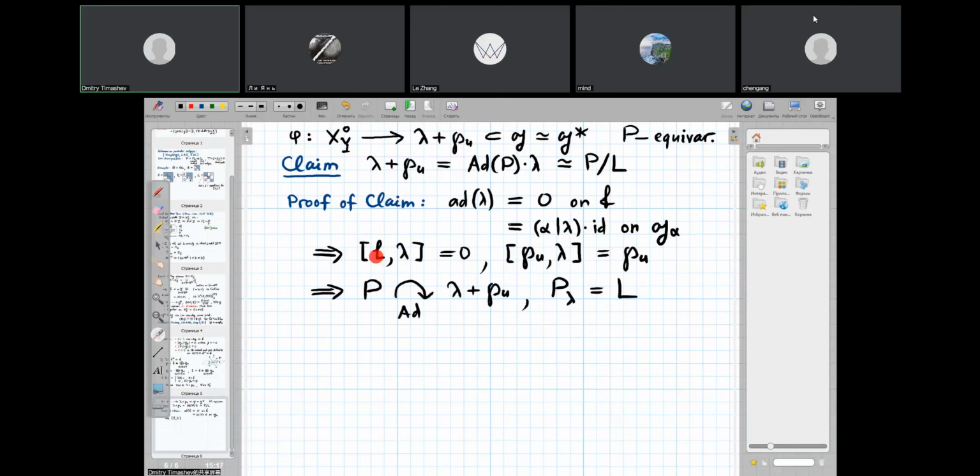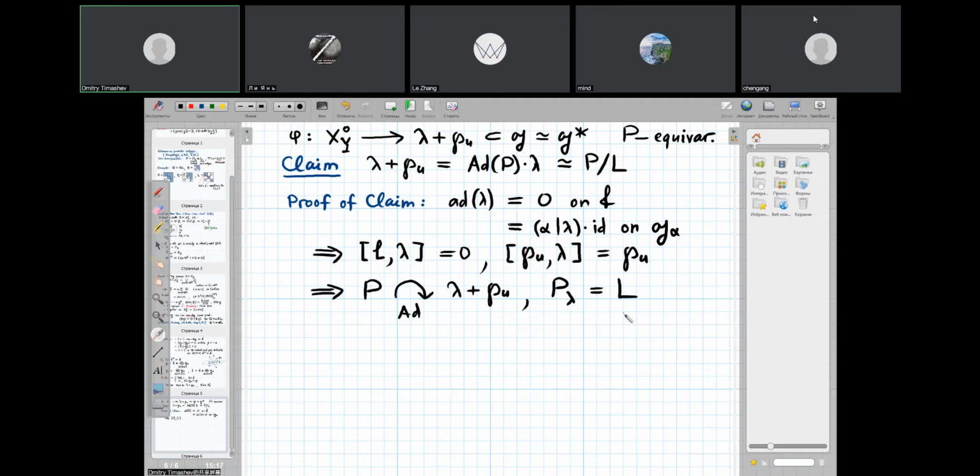The Lie algebra of L annihilates lambda, therefore L stabilizes lambda. While the unipotent radical acts simply transitively: the stabilizer of lambda in the unipotent radical is trivial, because nothing of the Lie algebra of Pu annihilates lambda.